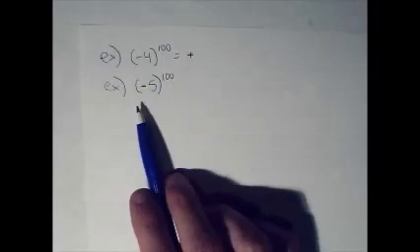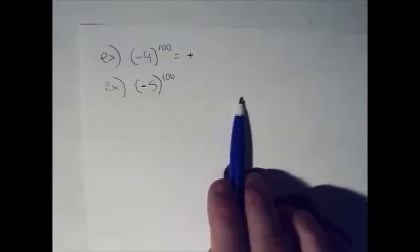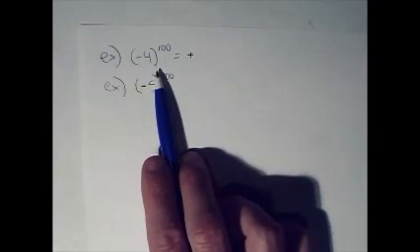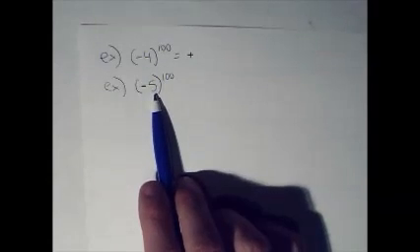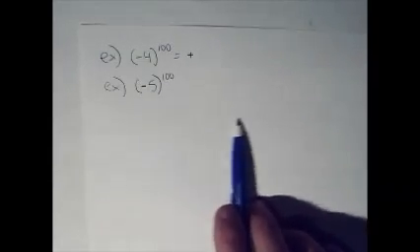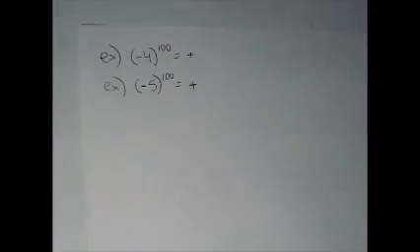It's the same effect. -5 times -5 is positive. And yes, this is going to be even far more gigantic than that other number. But the fact is I still have 100 of those 5s, 50 pairs, all giving me positive numbers, giving me a final positive product.